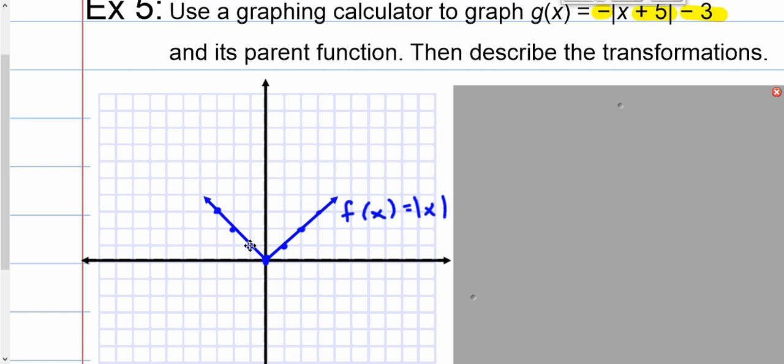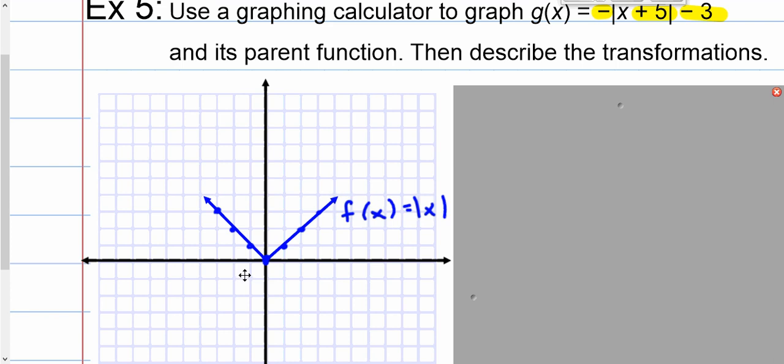And like I said, I'm going to plug this into my calculator, and you can use Desmos.com. There's an app on your phone. There's a website. If you don't have a calculator at home that graphs, you can just wait until you get to class if you need to use that for some reason. We'll be doing our homework assignments in class, so you'll have these calculators there for you.